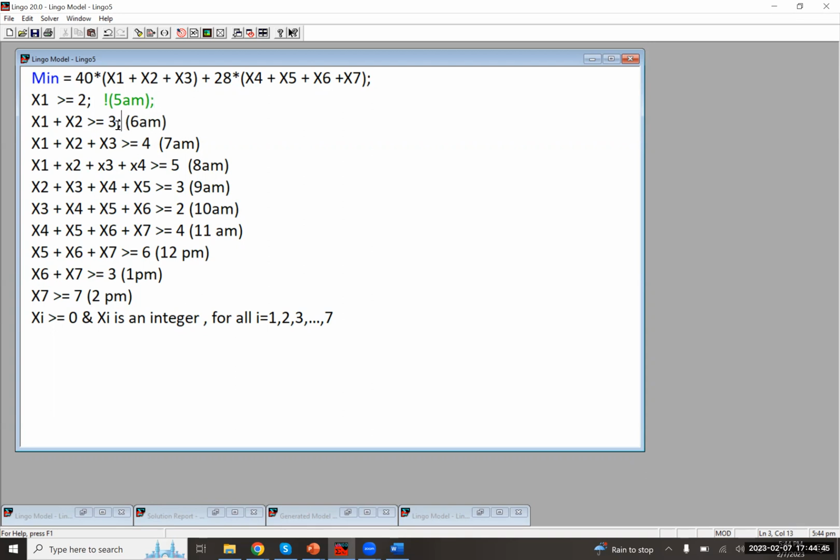So here, I'm going to put a semicolon, and then right before the comment, I'm going to put the exclamation mark, but I'm going to close the comment with a semicolon as well. Why is that?